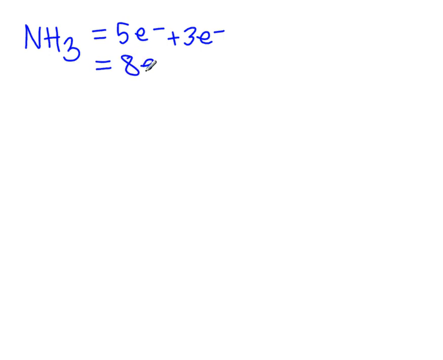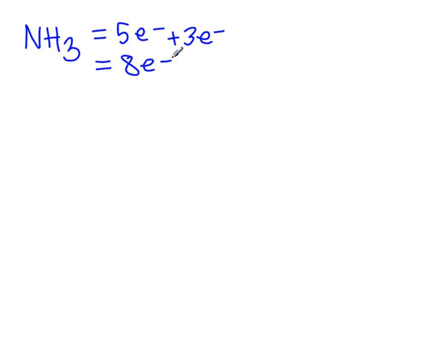Okay, so let's start taking a look at these examples. So we've got ammonia. First thing I need to know is how many electrons I'm working with. So nitrogen is 5 electrons. There's only 1 of them. There are 3 hydrogens. Each hydrogen has 1 valence electron, so 3 total. So that means I need 8 in my diagram.